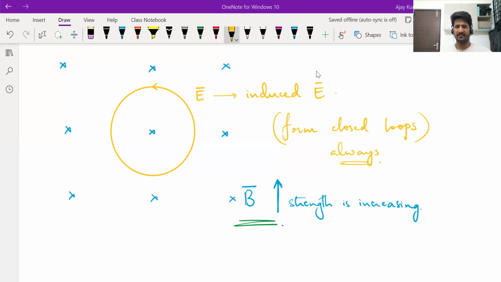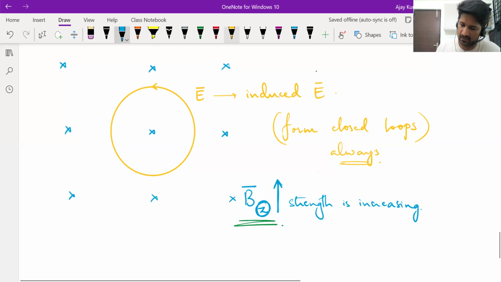Inwards, Z direction. Okay, and that field is varying in strength. So the magnetic field is varying in the Z direction. In which plane is that induced electric field? Magnetic field is in the Z direction. Induced electric field is in which plane? XY plane. XY plane, correct.